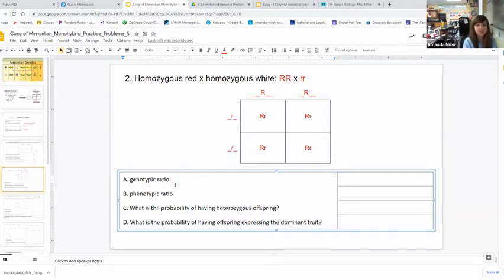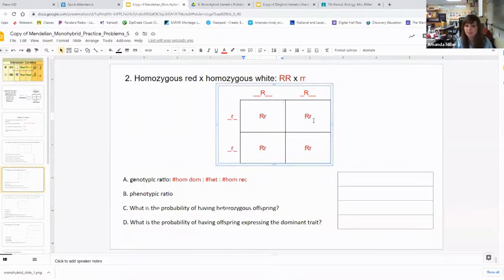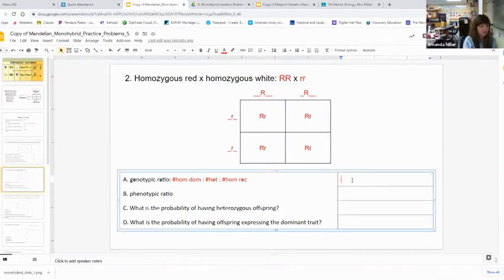So remember, genotypic ratio is the number that are homozygous dominant compared to the number that are heterozygous compared to the number that are homozygous recessive. So how many do I have here in this Punnett square that are homozygous dominant? And I'm only talking about the offspring here, not the parents. I don't have any. So I'm just going to write a 0.